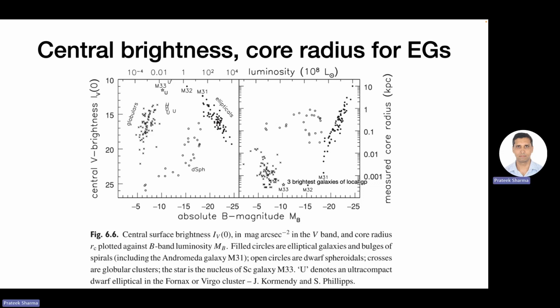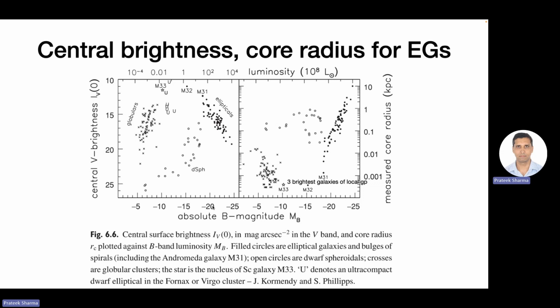So if you put them in this graph, they have similar central brightness as ellipticals, right? But their masses are extremely small. They are here, whereas these guys are here. So a gap of 5 here in absolute magnitude is a factor of 100 in luminosity.